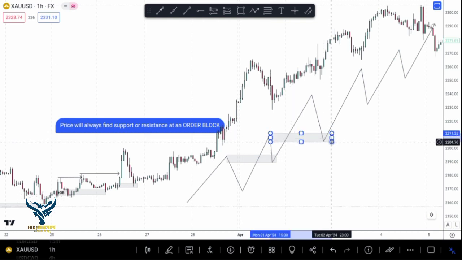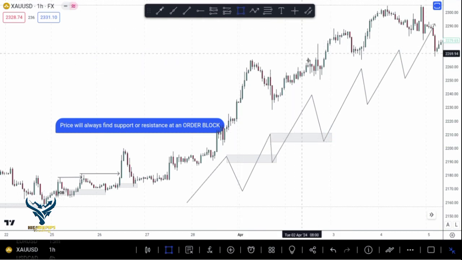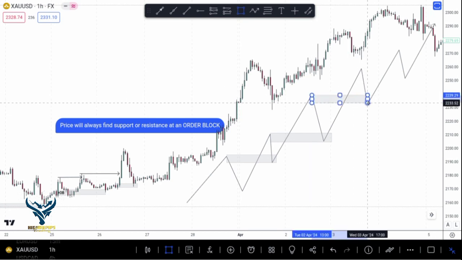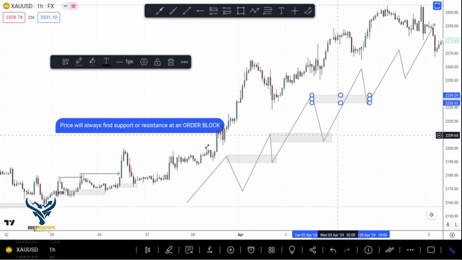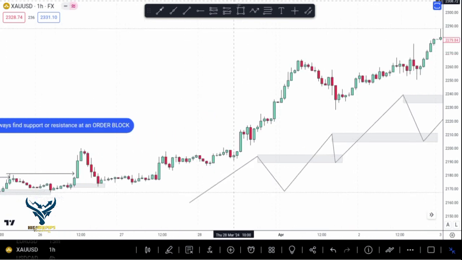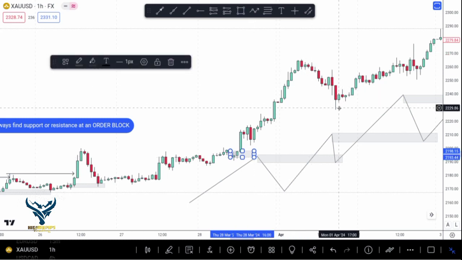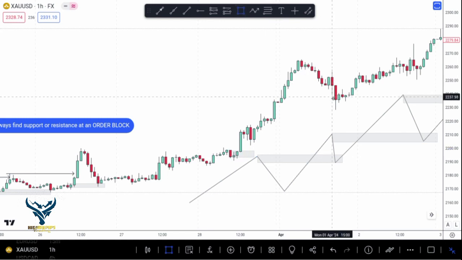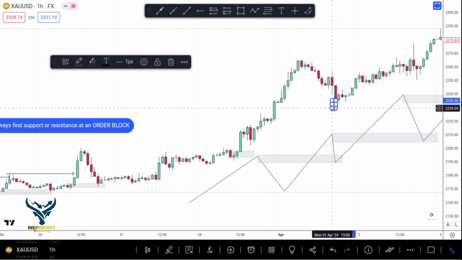at these areas of support where there are order blocks, right? Where are these areas? If you check in the chart, here is an order block, right? The market returned here. You could have bought. This is an area for you to buy this one. How could you have bought?